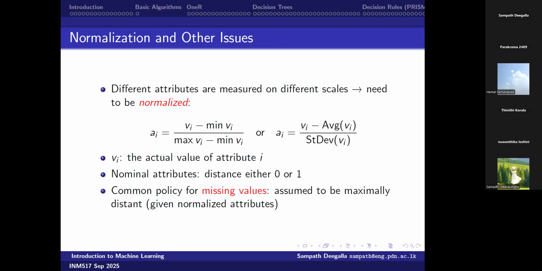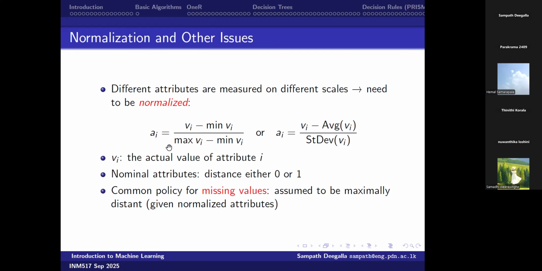What I mean by normalizing is that for all the attributes, you have to put them into the same range, for example, between 0 and 1. That means the minimum value should be 0, the maximum value should be 1. In that way, we can say that the attributes are normalized. So in this particular case, it will show you the normalized values.